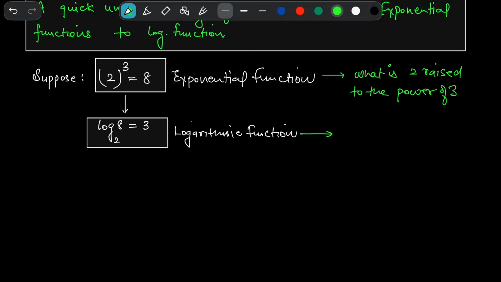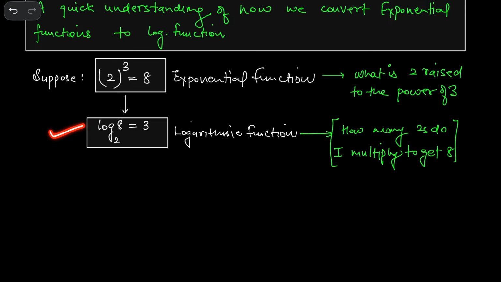A logarithmic function tells you how many 2's do I multiply to get 8. So in this expression, the question is how many 2's I need to multiply together so that my answer is 8.